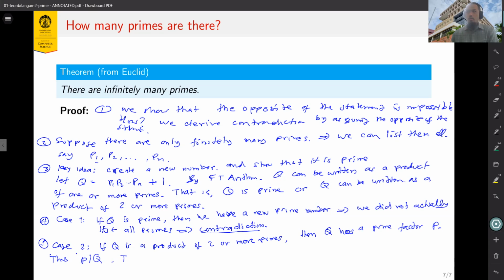Okay. Now, if P divides Q, what do we conclude from here? If P divides Q, Q is this, right? So, anybody?